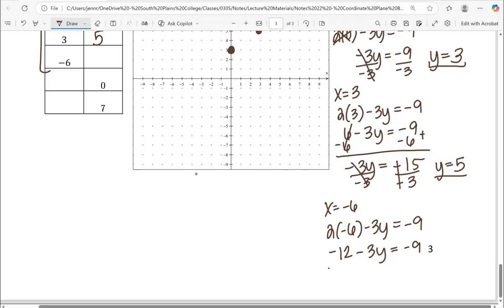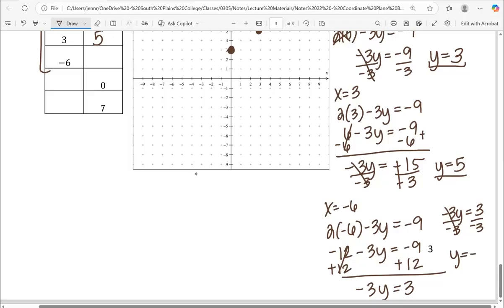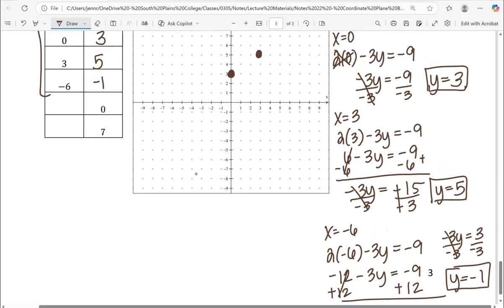And then to solve for y, the first thing I'm going to do is add the 12 to the other side, giving me negative 3y equals 3. Running myself out of room here. Then when I divide negative 3 to the other side, y gives me a negative 1 result. So 3 ordered pairs on my line.